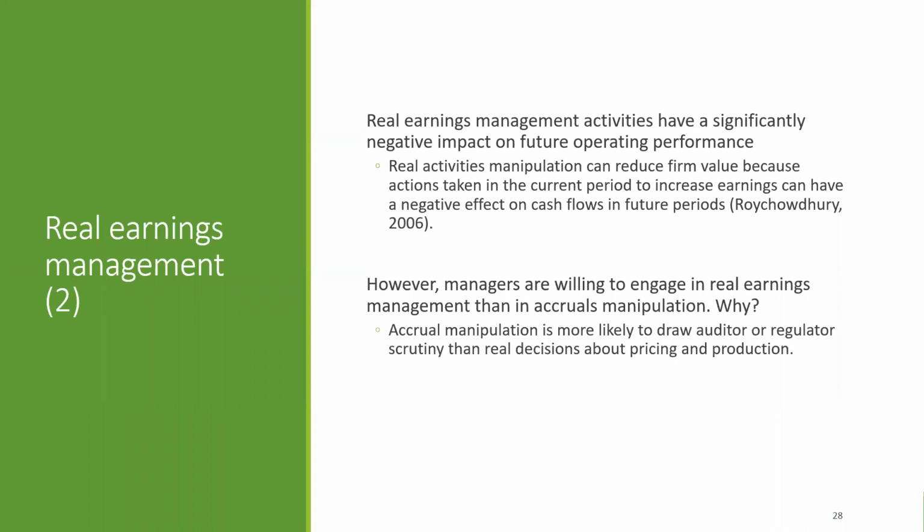Reason? If they use accruals, the auditors will find it out, right? The auditors have become wise, and they will ask for adjustments. So with real earnings management, if someone asks you, how come you guys cut back on R&D?